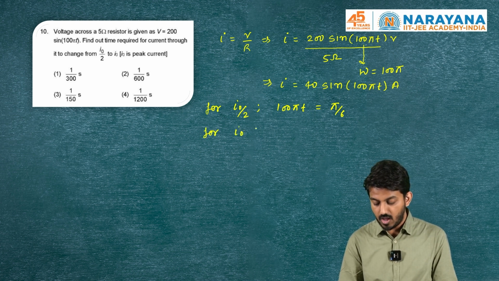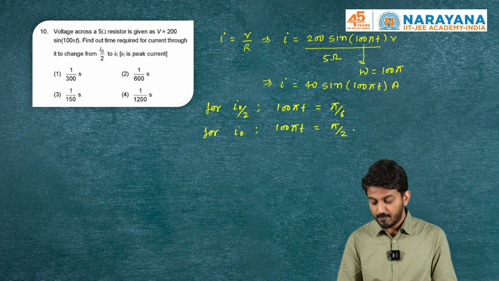For I naught, 100 pi t needs to be equal to pi by 2.